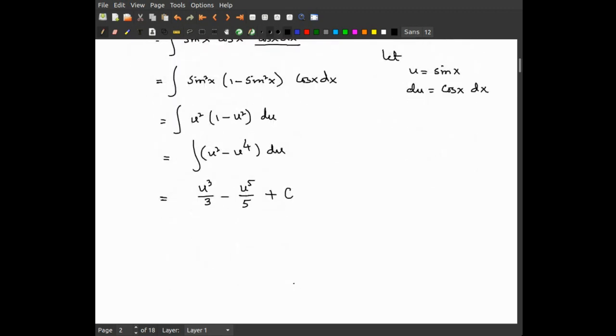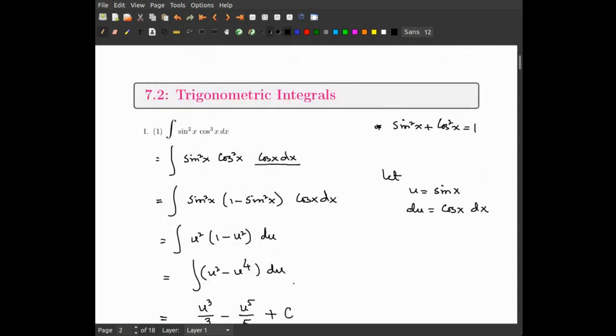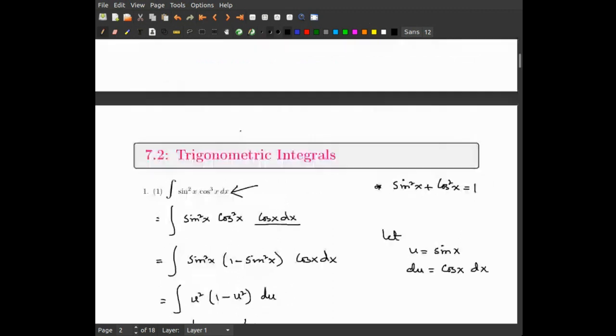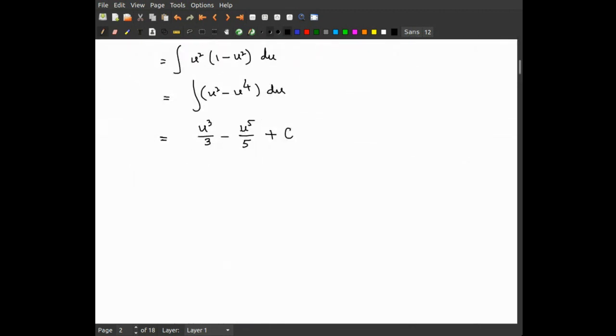But we cannot stop, since this is not our final answer, because the answer is written in u and we are not allowed to leave our answer in u. We have to write our answer in the variable that we started with. If you look at the problem, everything is in x, so our answer has to be also in x.